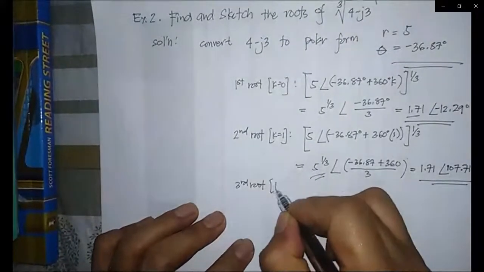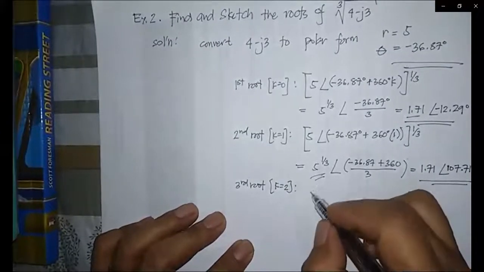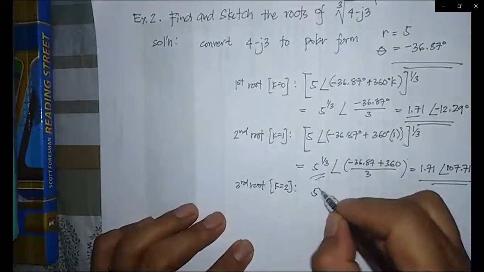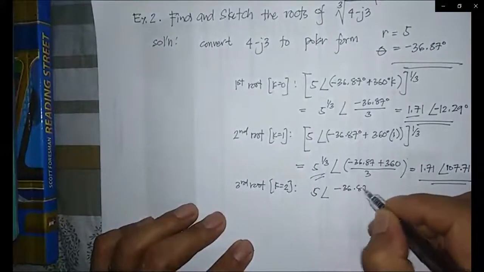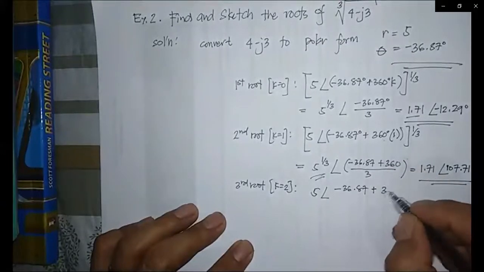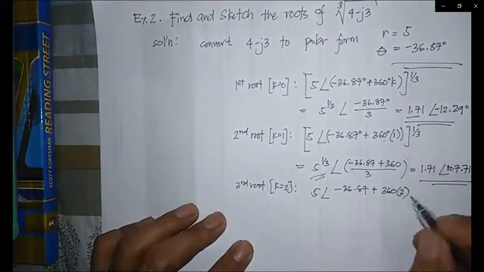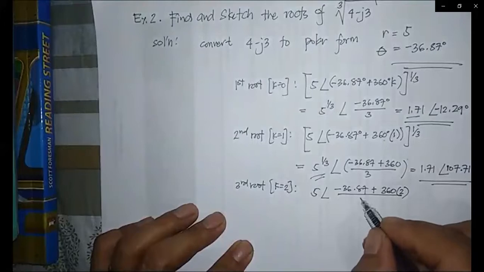All right, now for the last root, we will name that the third root. That is when k is equal to 2. By the way, 5 will become your magnitude. Copy the angle plus, take note, k is equal to 2, so that will become 360 times 2, all over 3.